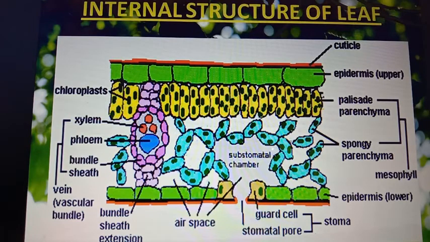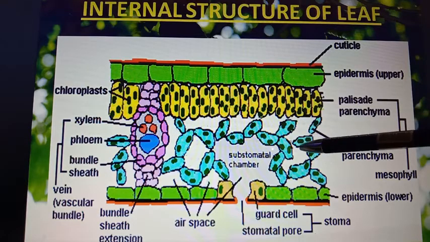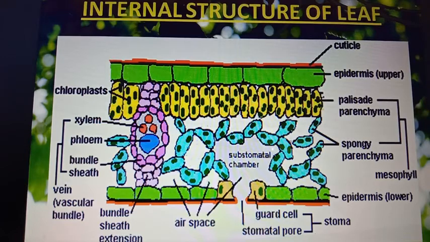Mesophyll cells are specialized for photosynthesis as they contain chloroplast. You can see all these green colored parts are known as chloroplast. So here you can see mesophyll cells are present in two layers. One is palisade layer, one is spongy layer.